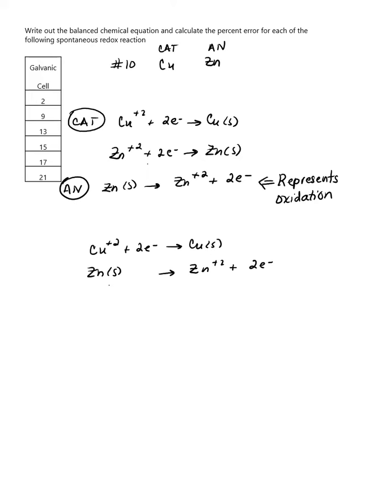So copper plus 2 is gaining 2 electrons to become copper solid. And then for the oxidation, you have zinc solid becoming zinc plus 2 electrons, which means that you have the same number of electrons on both sides of the reaction, and that number will cancel out. You're forming 2 electrons from the oxidation, and you're using 2 electrons in the reduction.